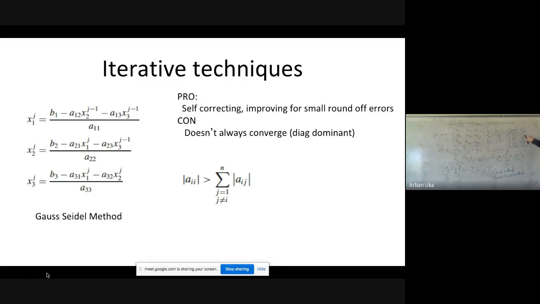The new value immediately overrides the old one, and this brings a faster convergence of the system. Now, all of this discussion is worth it if we go over solving an example, so let's try to find an example here.